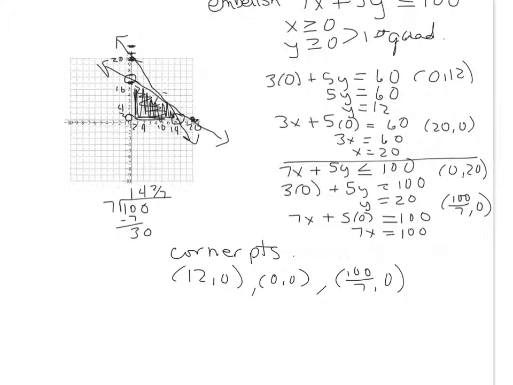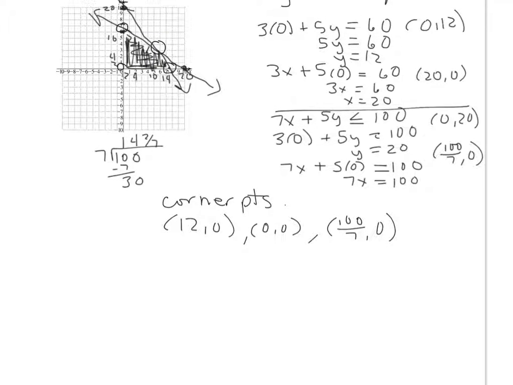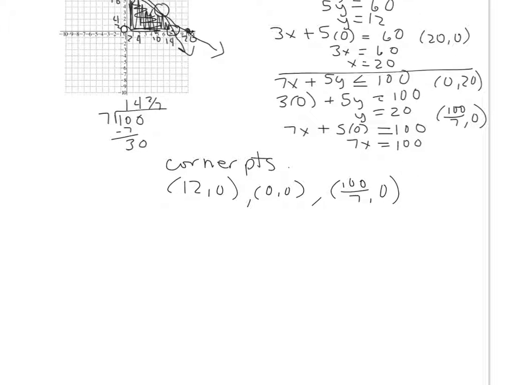But my other corner point occurs where these two intersect. So we're going to have to discover what the ordered pair is where they intersect. So I'm going to pull down, make a little bit of space, and we had 3x plus 5y equals 60, and the other one was 7x plus 5y equals 100.